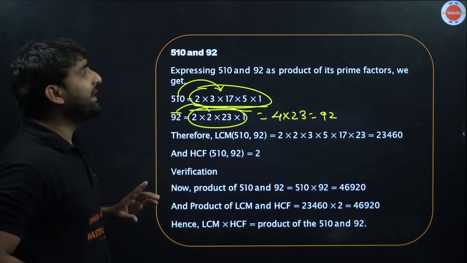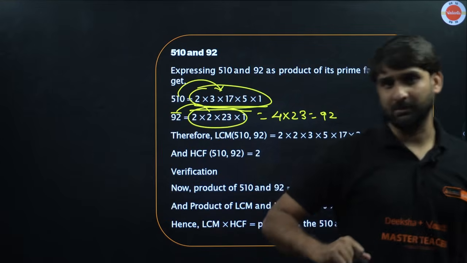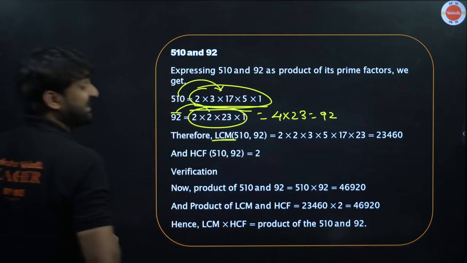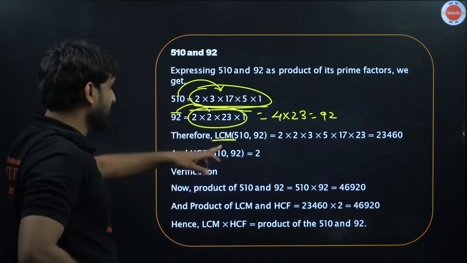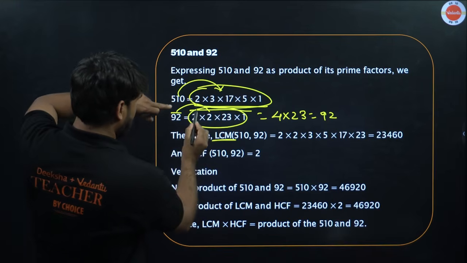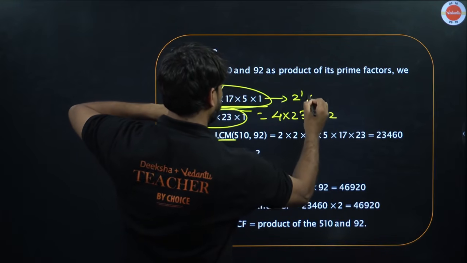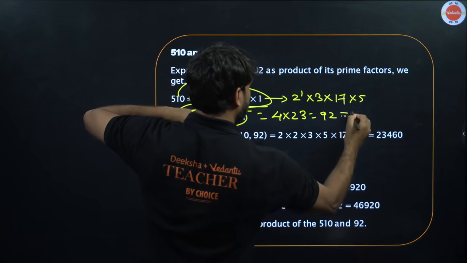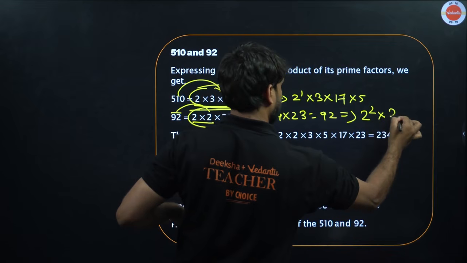Now we have to find both LCM and HCF, because we want to verify the formula, right? For LCM we always take the highest power of the factors. 510 is 2 to power 1 into 3 to power 1 into 17 into 5, and 92 can be written as 2 square into 23.